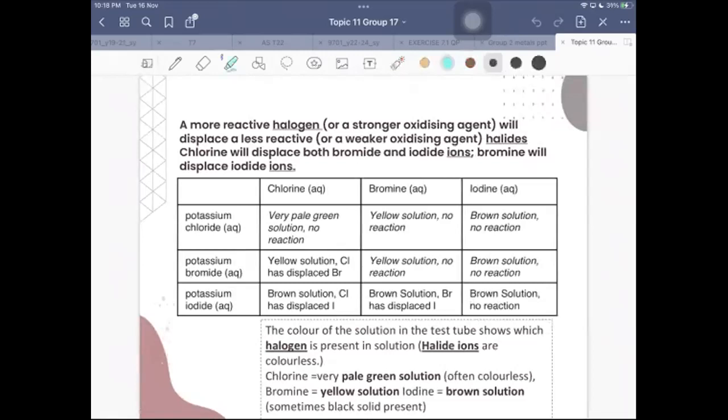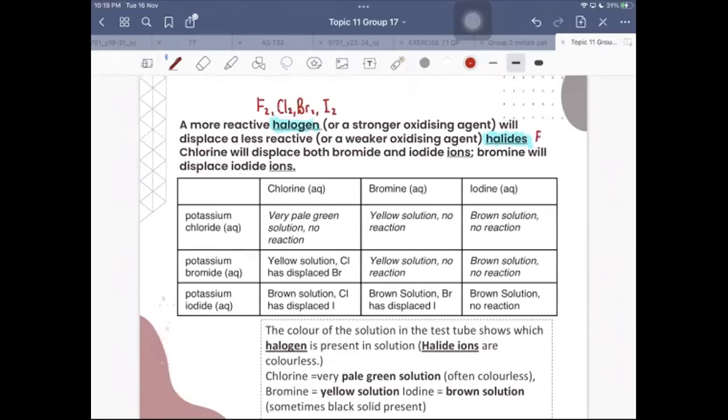Okay, so I need to point out halogen and halides are two different things. Halogens are the molecules like Cl2, Br2, and I2, whereas halides are your anions.